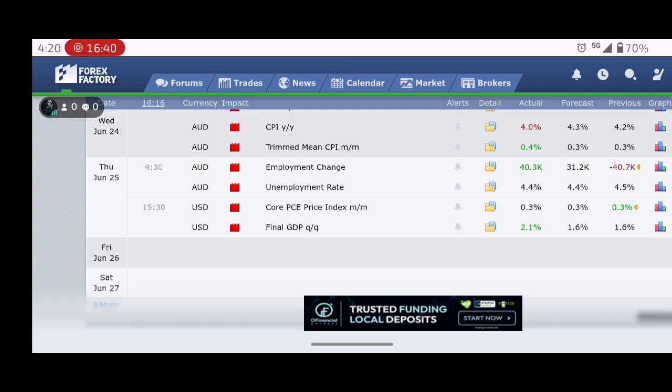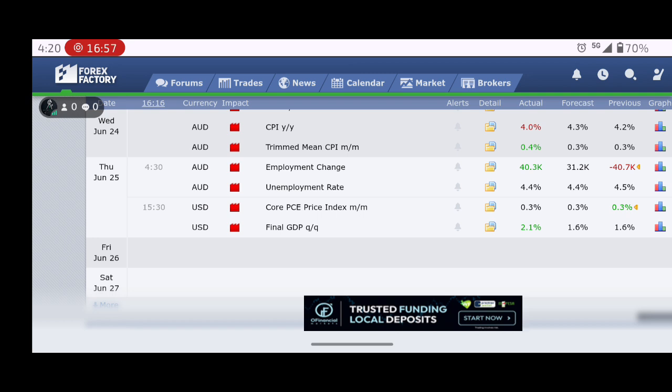So we have the forecast. You see, we have the forecast. We have the graph, previous, forecast, actual, and detail. So what you're looking for here is previous.